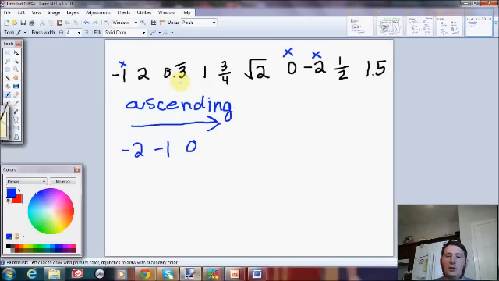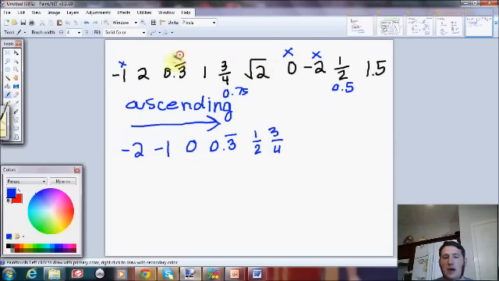So 0.3 repeating, 3/4, 1/2. Well, you hopefully know that 1/2 is 0.5, and you hopefully know that 3/4 is 0.75. And so our smallest of the numbers we just mentioned would be the 0.3 repeating, then the 1/2, then the 3/4.